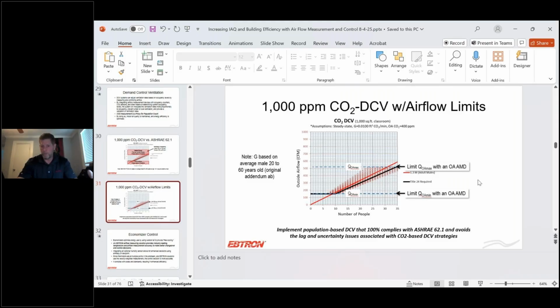We want to help our customers design better systems. So this is a control strategy, very simple right here, where you put a minimum and a maximum on your outside airflow. So you're never underventilating in the very beginning, and you're not overventilating at the very end, but you're still meeting ASHRAE 62.1 guidelines for DCV ventilation.